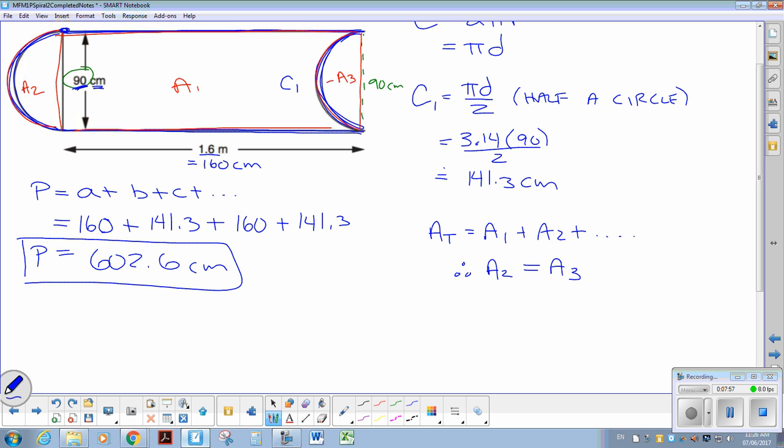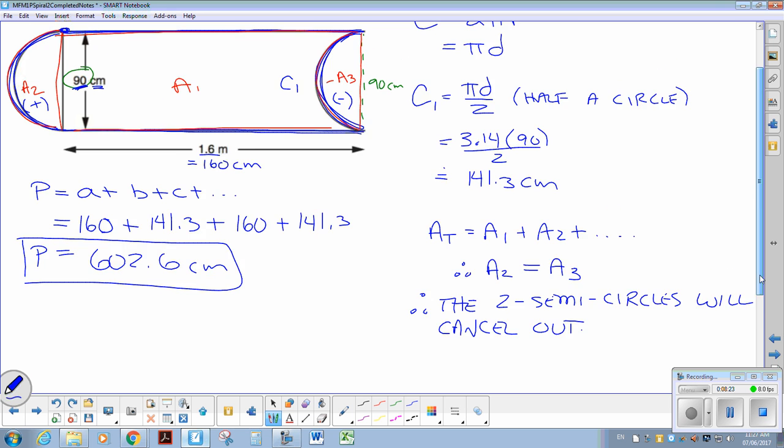What does that mean then? If those two areas are equal, but this one is an addition and this one is a subtraction, well, they cancel out. All right? So therefore, the two semicircles will cancel out.